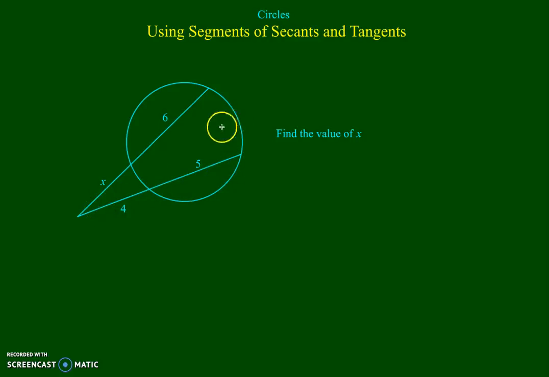So to start off with, we know that x plus 6 times x equals 5 plus 4 is 9 times 4. Working from the left, x times x is x squared, x times 6 is 6x, and that equals 36.